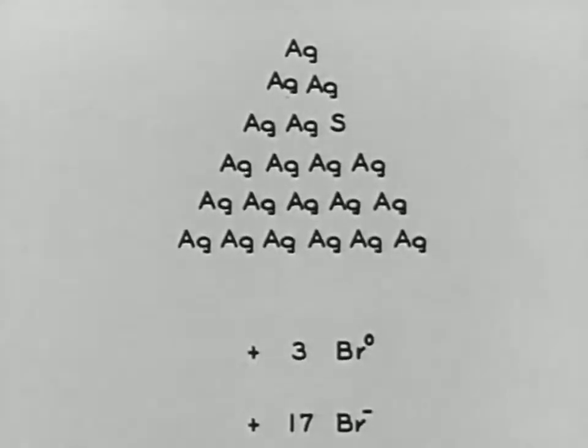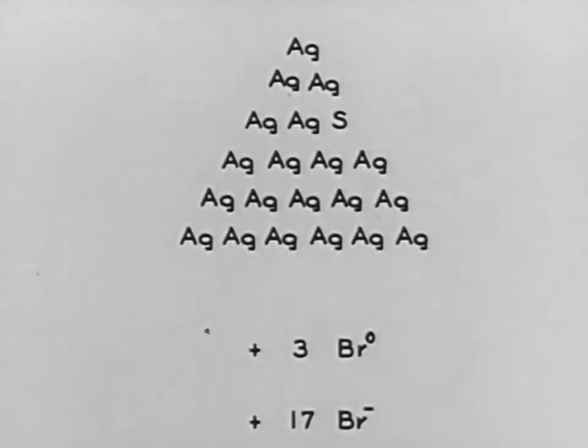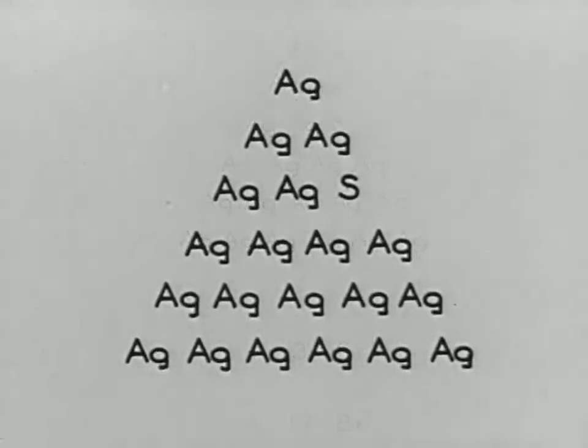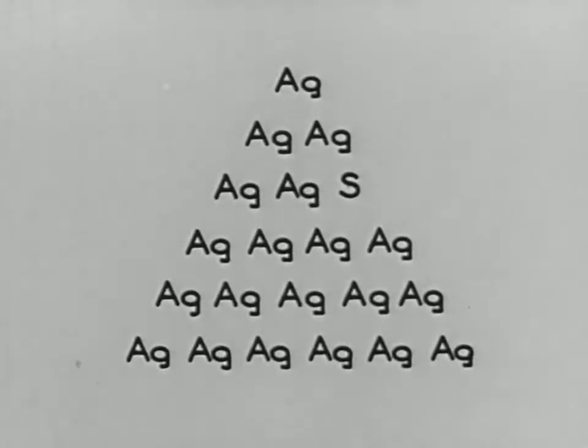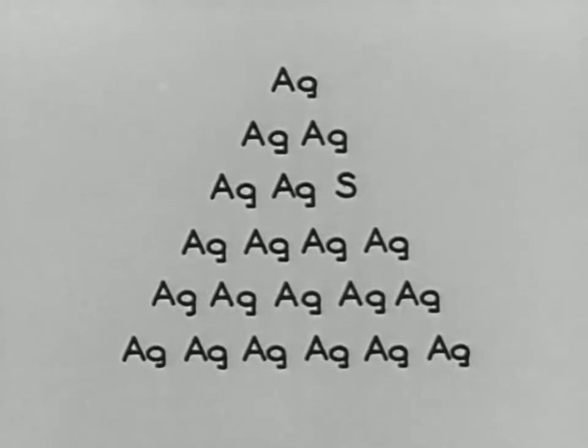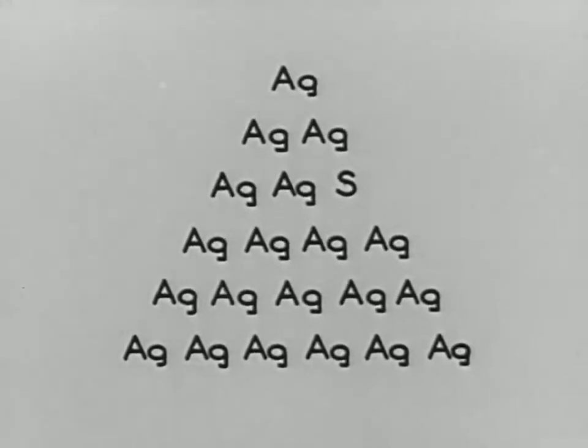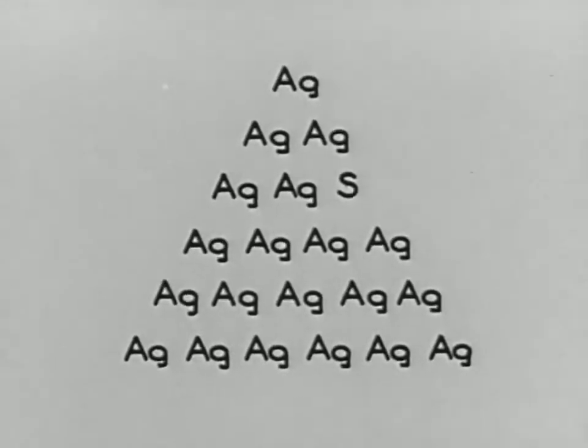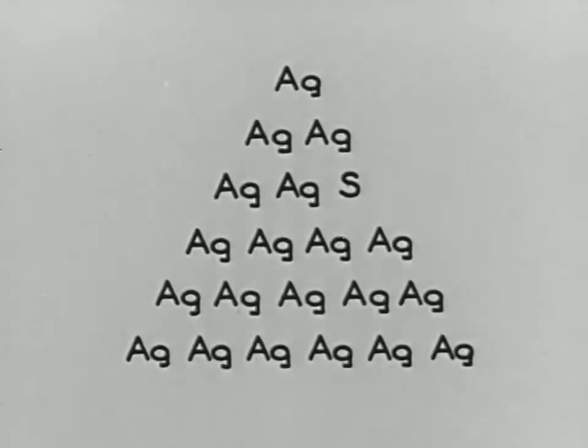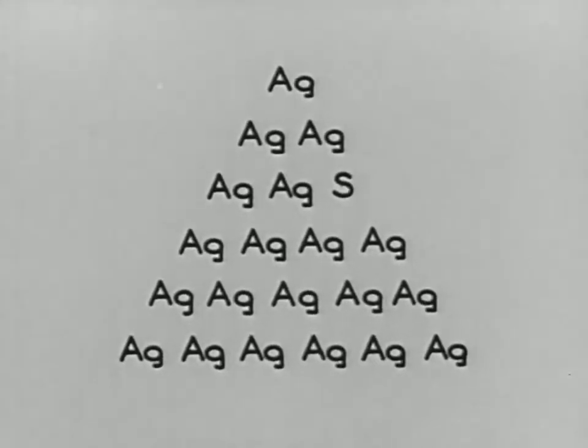To show how a picture of light and dark tones may result from a collection of silver particles, let us see what happens when crystals are given exposures of different intensity. This crystal, receiving much light, has many electrons released and many silver atoms formed. Following development, it is completely reduced to metallic silver.